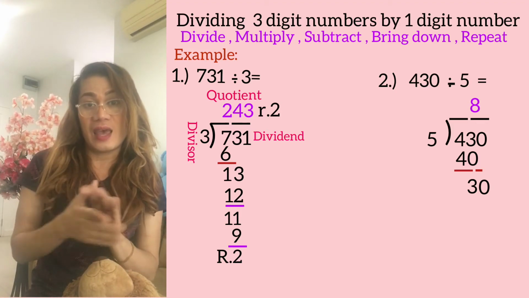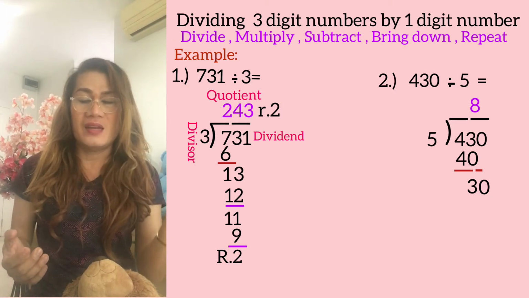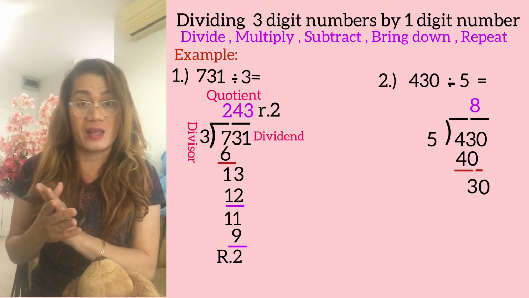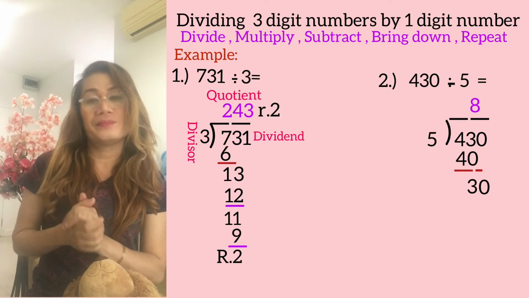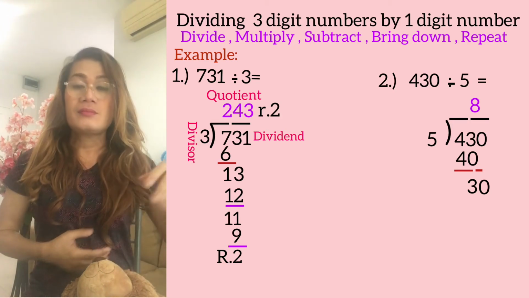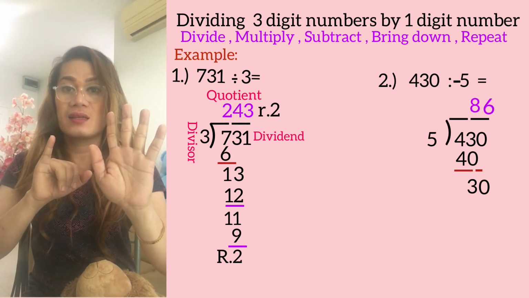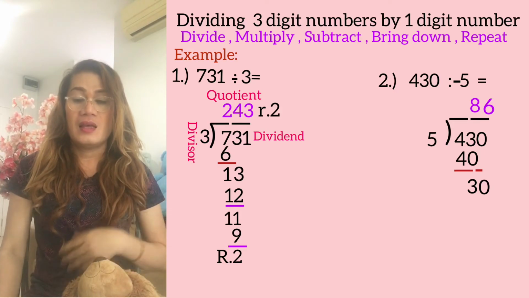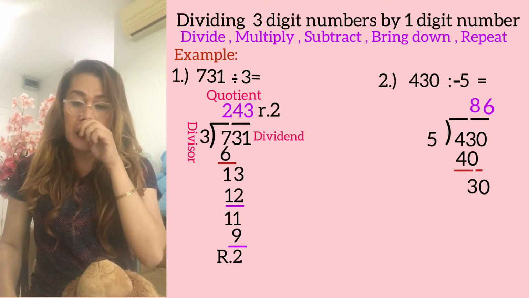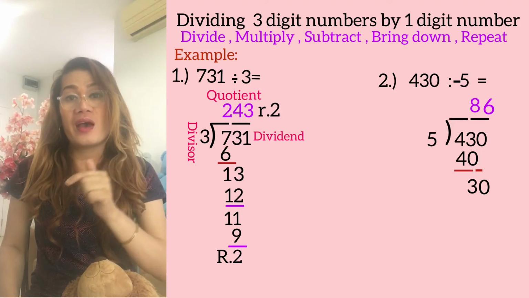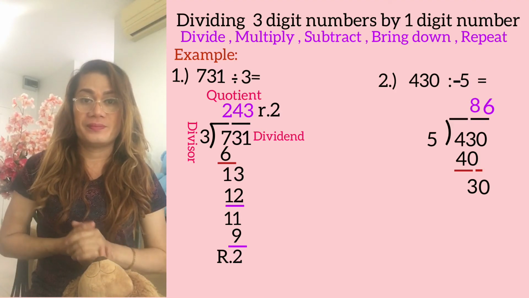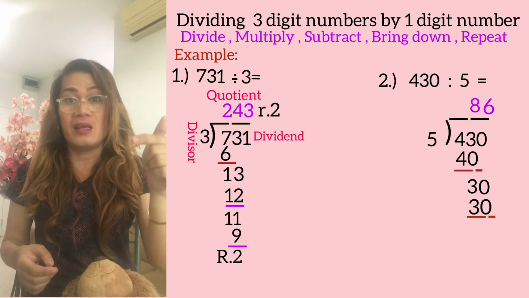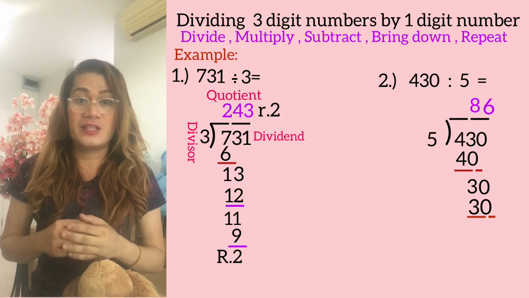So we can divide again. 30 divided by 5: how many whole groups of 5 can we pull out of 30? Think about it again. We have 6. We put our number 6 on top of the 0. Again, we repeat: 6 times 5 is 30. So we have 30 minus 30 equals 0.